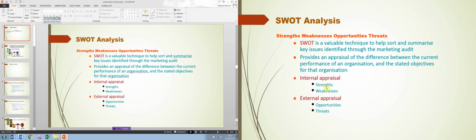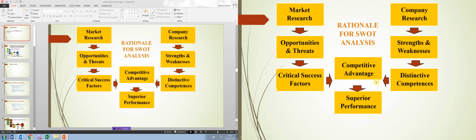Internal appraisal is your strengths and weaknesses, and external appraisal is your opportunities and your threats. And again, I'll talk some more about that in the second slide set when we're looking more about framing your answer. So market research covers your opportunities and your threats. Company research covers your strengths and your weaknesses.